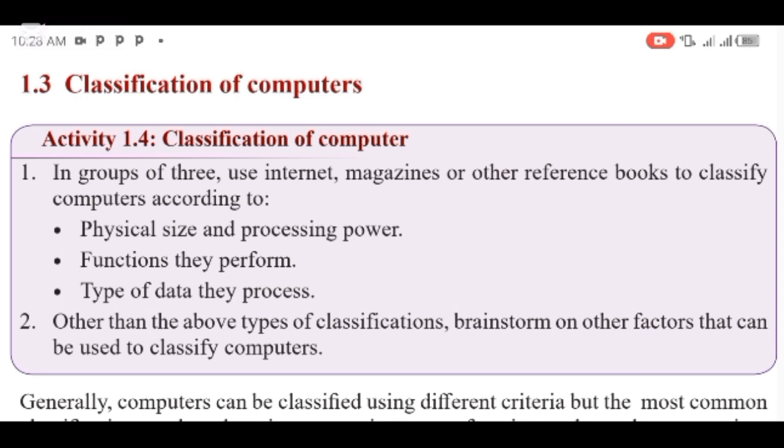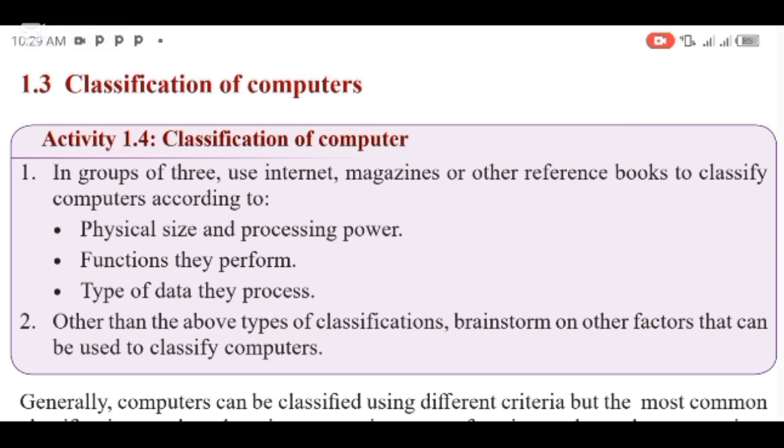So dear friends, as I told you, today we are going to have the next session of studying computer science, where we are going to discuss the classification of computers. For better understanding, you are going to have an activity on the classification of computers.